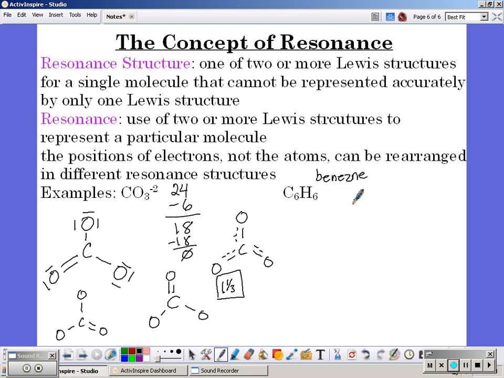So we'd have one hydrogen coming off of each of our carbons, which means there's got to be some double bonds. So it could be double bonded like that, or it could be double bonded like that. So a lot of times what you see with benzene is people draw this compound and then they put a circle in the middle to show that those double bonds could be anywhere in that circle of carbons.